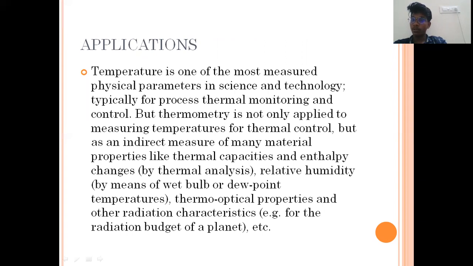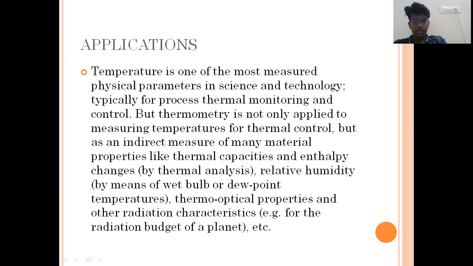But thermometry is not only applied to measuring temperature for thermal control, but as an indirect measure of many material properties like thermal capacities and enthalpy changes, relative humidity by means of wet bulb and dew point temperatures, thermo-optical properties and other radiation characteristics, for example, the radiation budget of a planet, etc.